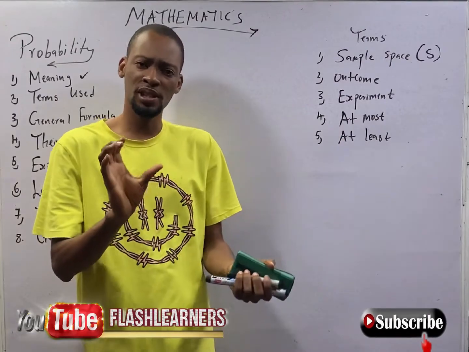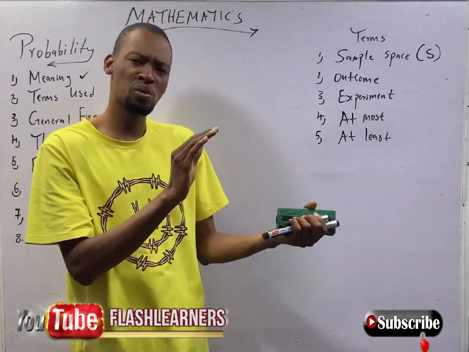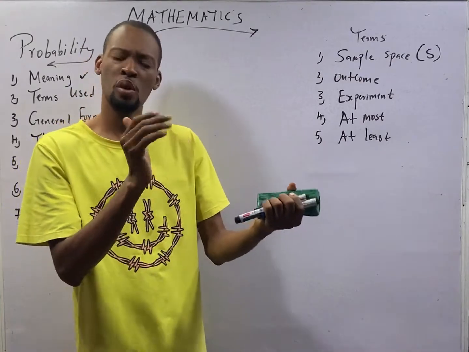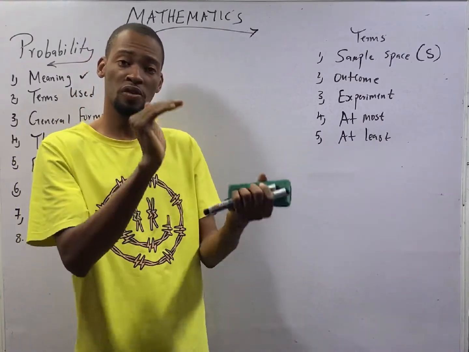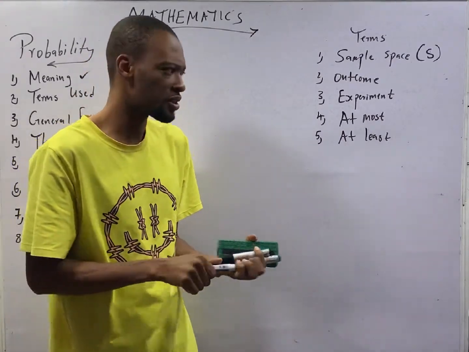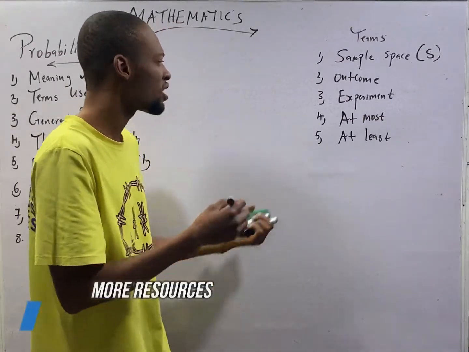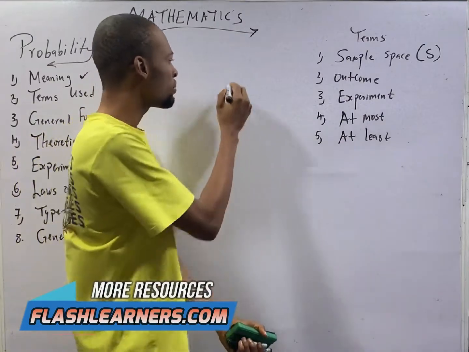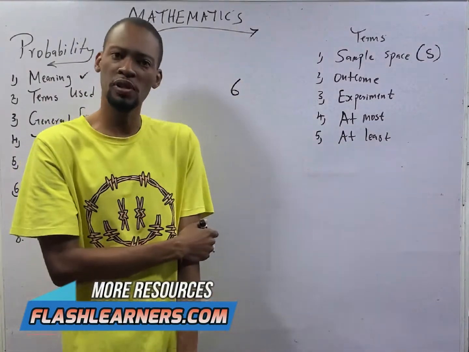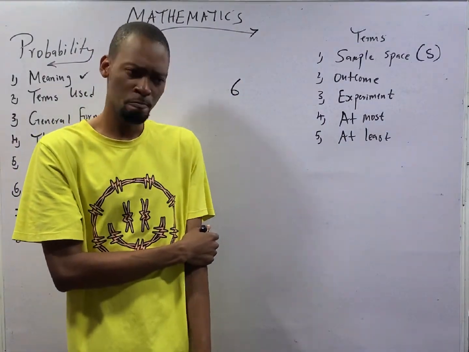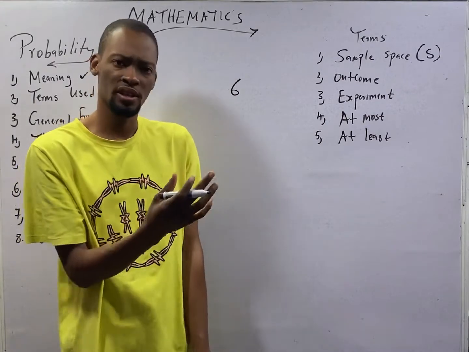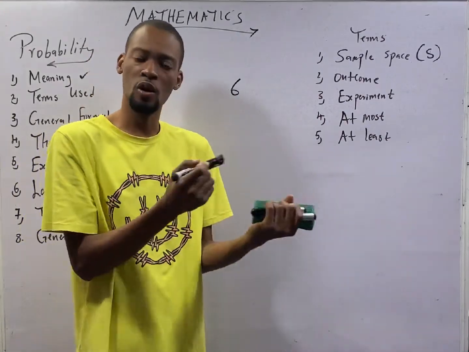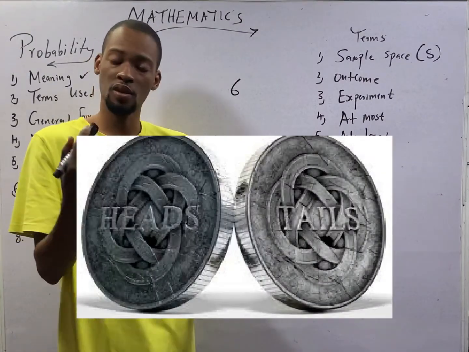Outcome in probability refers to the possible different or unique or distinct results of trials. Look at this. If I throw a die once, the outcome will simply be 6. That is the possible result of the trial. If I throw a coin once, the possibilities are head or tail because a coin has 2 sides.